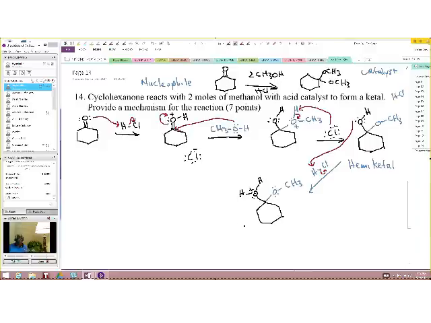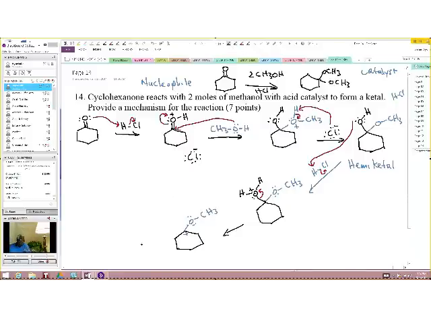So the water will break away, and once we do that, we form a carbocation.